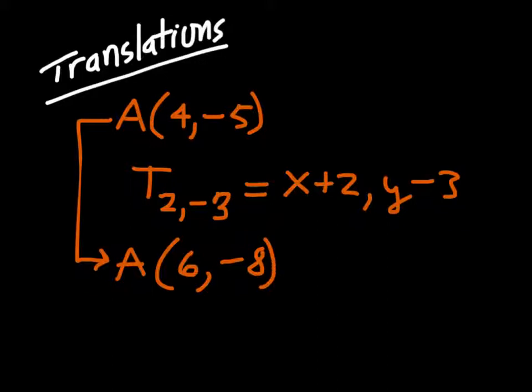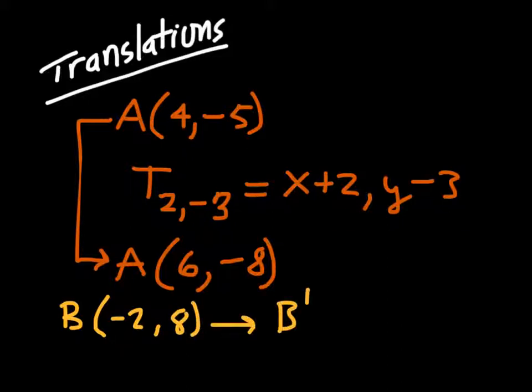Sometimes with translations, they'll give you a before, a point, and they'll give you an after, an image, and they'll ask you what happened or what was the rule to get from one point to the other.